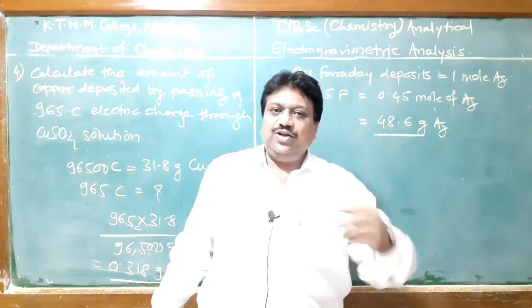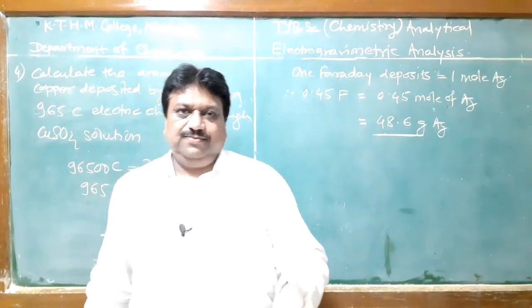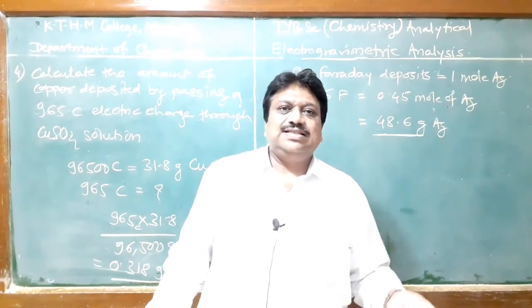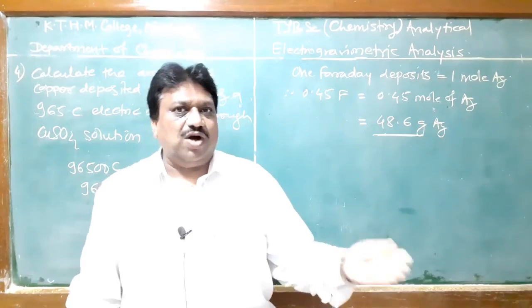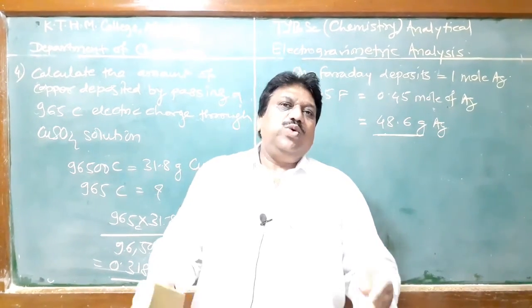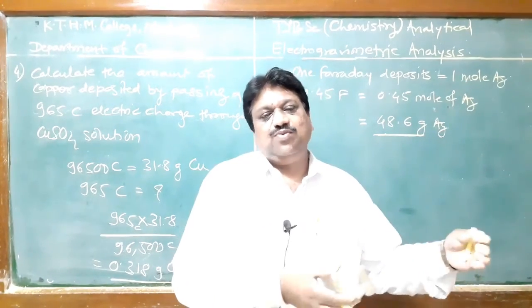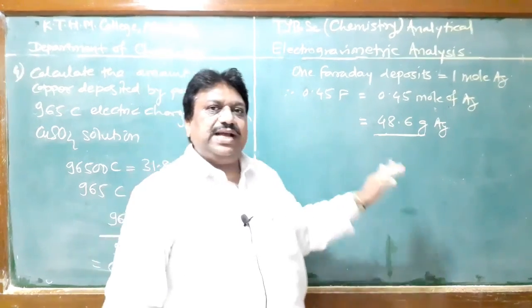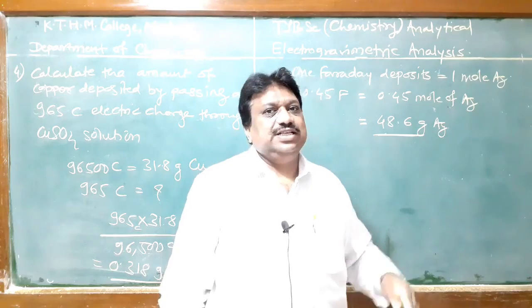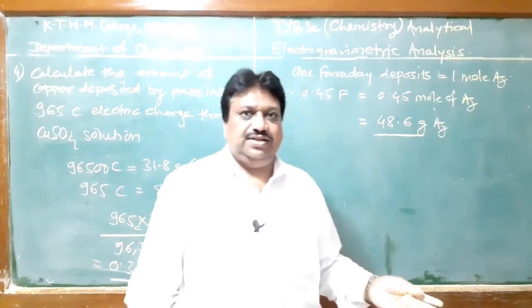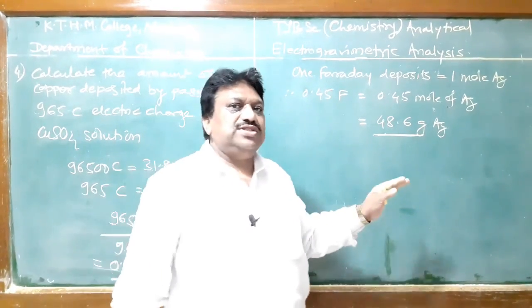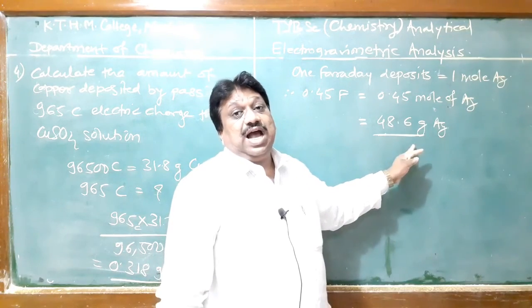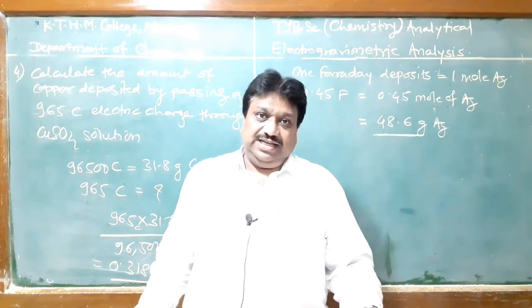Now here, according to Faraday's law of electrolysis, first law, amount of substance liberated is directly proportional to the quantity of electricity. Therefore, we can find out quantity of electricity for determination of substance. Alternatively, according to second law, where same quantity of electricity is passed through different electrolyte solution, then amount of material deposited at respective electrode are directly proportional to their chemical equivalent.